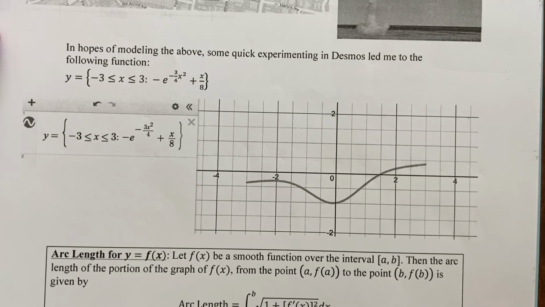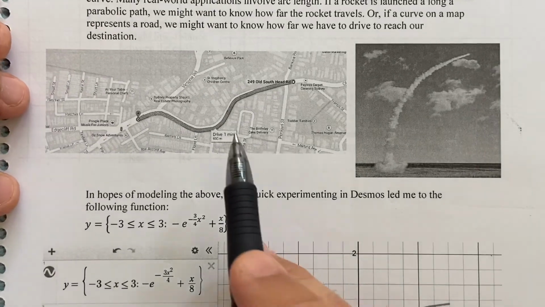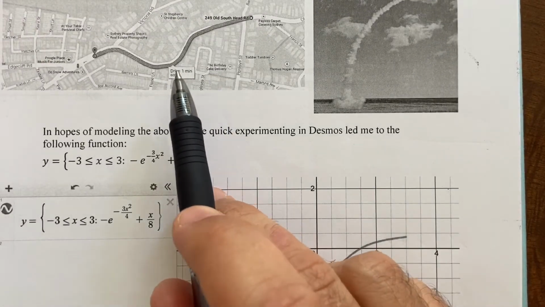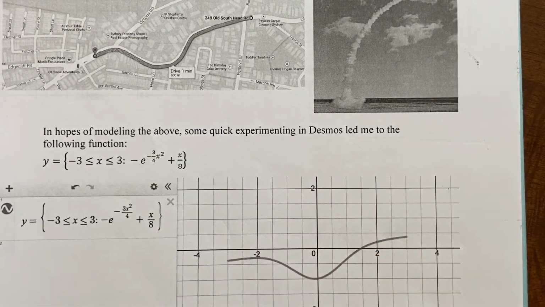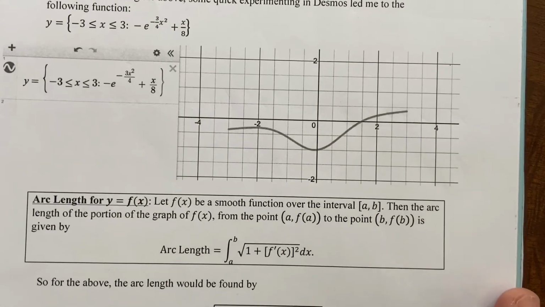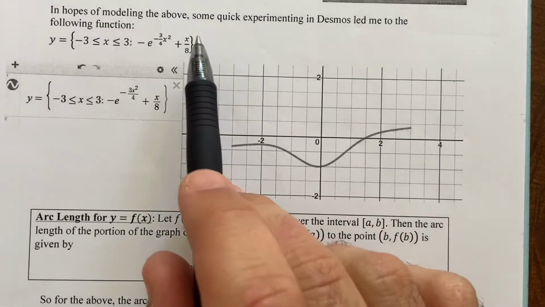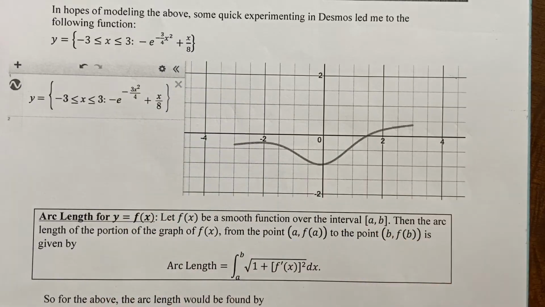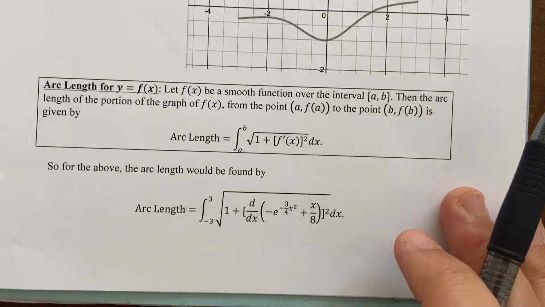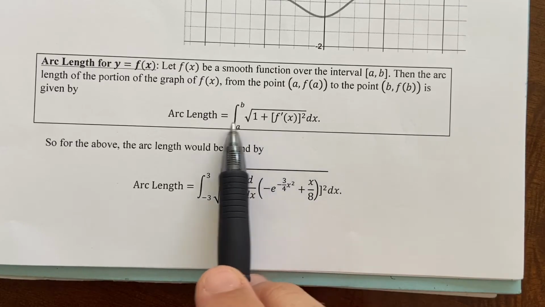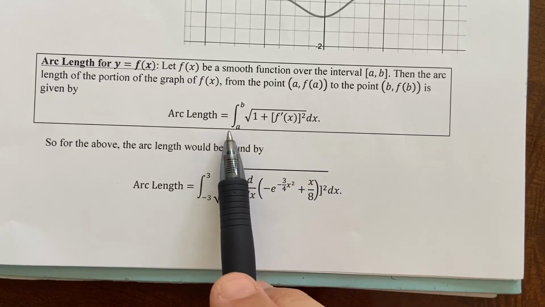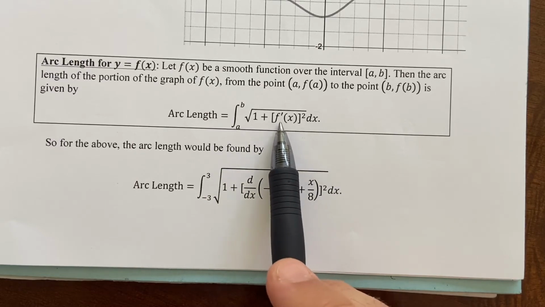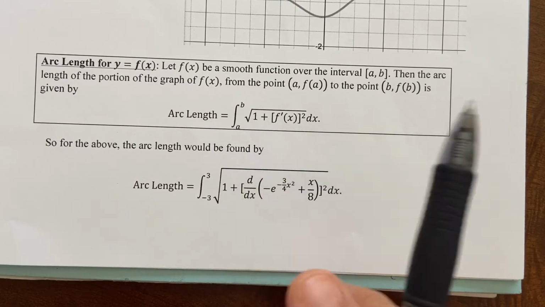For that reason, what I did was I hypothetically came up with a function that would be similar to this path in Desmos. So this would have been this function, something I found in Desmos. It turns out that if you performed this formula, and I'm not going to explain this formula geometrically, but there is a geometric reason, you get the true arc length.